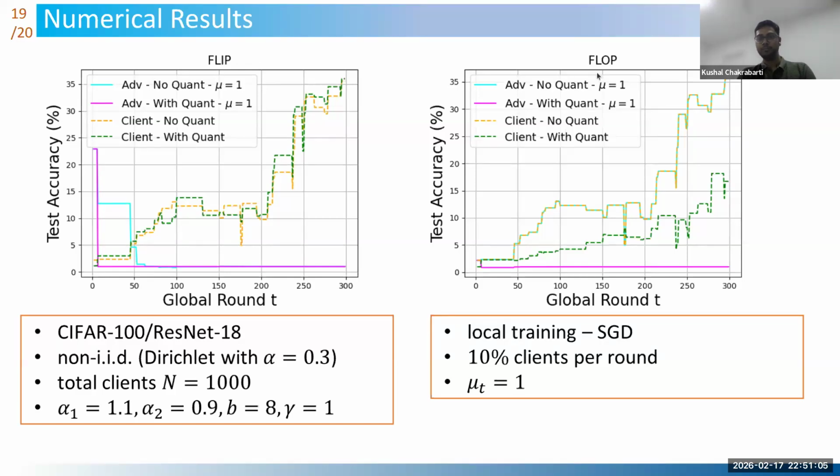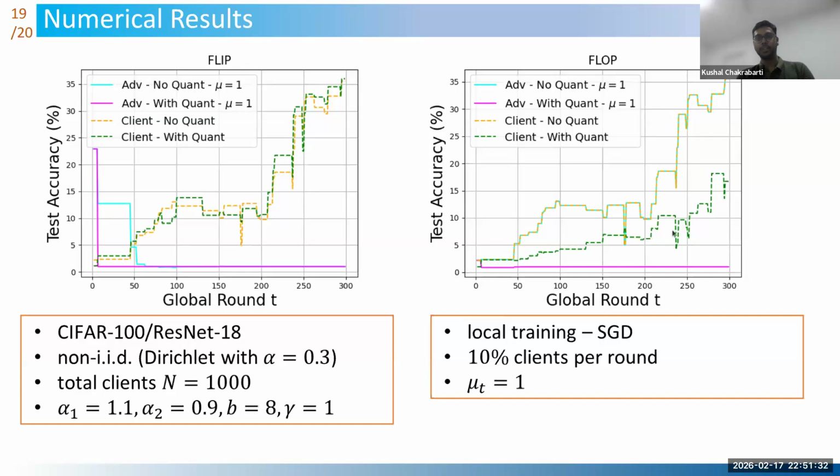And what about the flop? If you look at the flop adversary dynamics without quantization, which is this cyan colored line, and the adversary's actual test accuracy without quantization, which is the dotted orange colored line, they indeed overlap here.